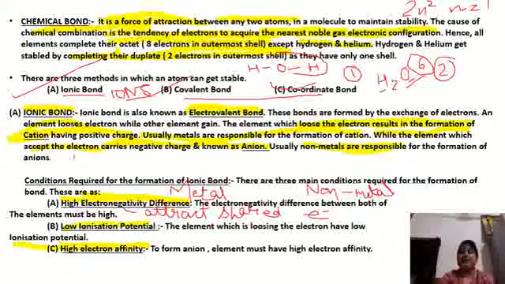Ionization potential क्या था? The energy required to remove an electron from an isolated gaseous atom. अब एक इलेक्ट्रॉन को रिमूव करने के लिए जो एनर्जी रिक्वायर्ड. Now here an element that is metal, it is losing.